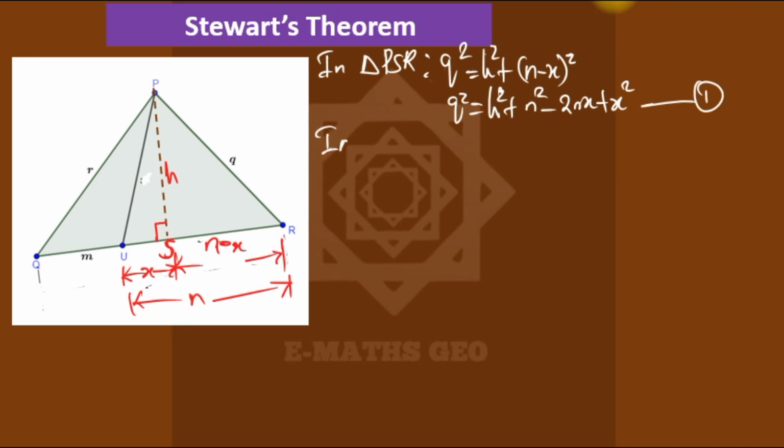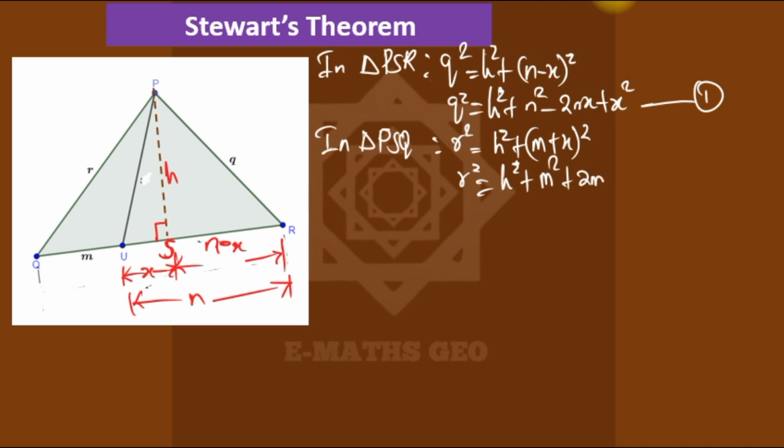If you look at the other right angle triangle, PXQ, we'll see that R squared, by Pythagorean theorem, is equal to H squared plus (M plus X) all squared. Expanding this, we get H squared plus M squared plus 2MX plus X squared. That's equation 2.